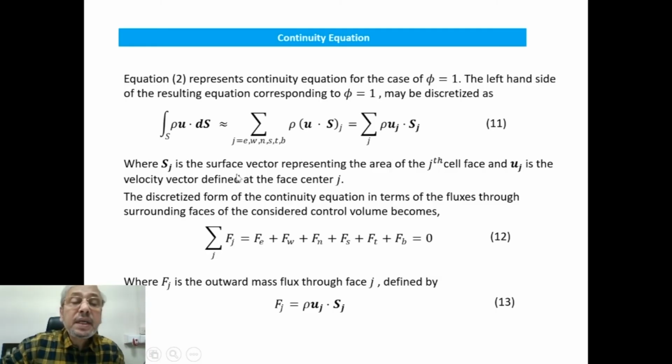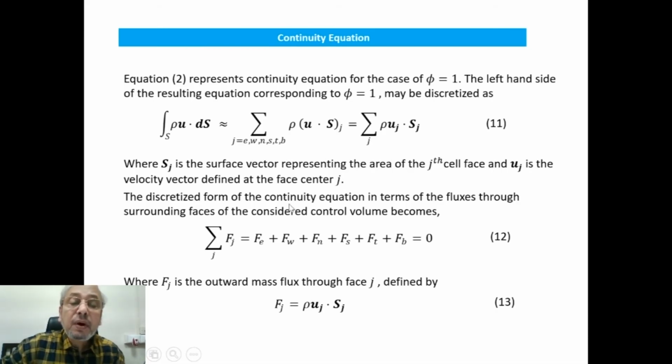Now Sj is the surface vector representing the area of the jth cell face, and uj is the velocity vector defined at the cell center of J or J surface.